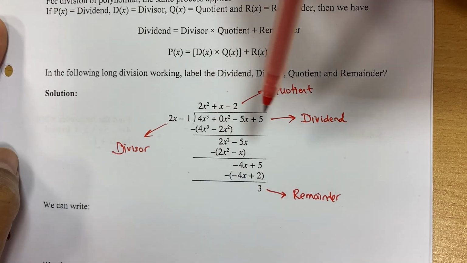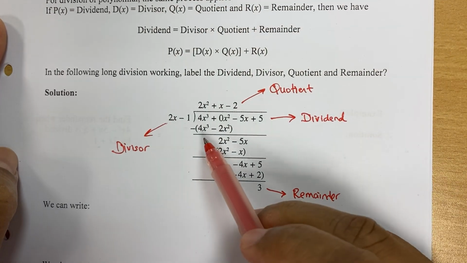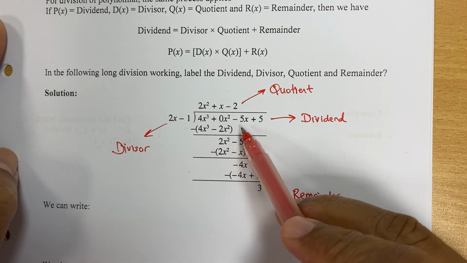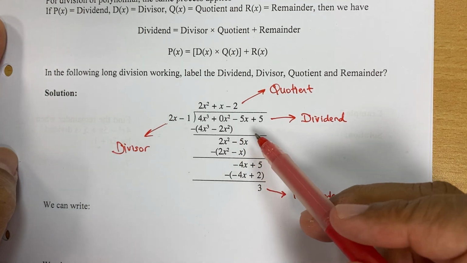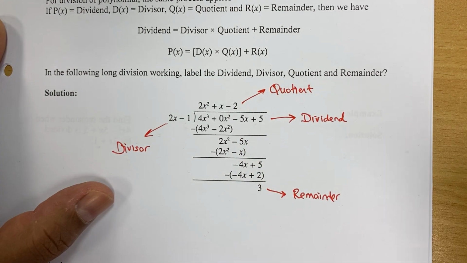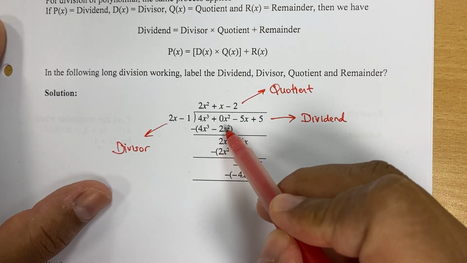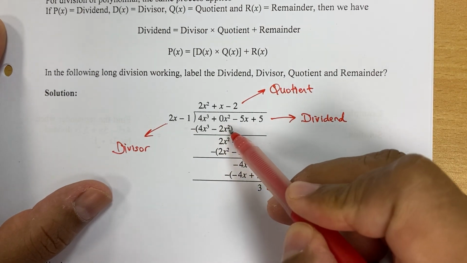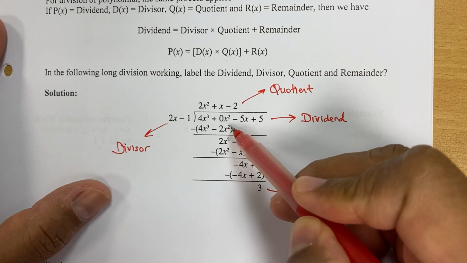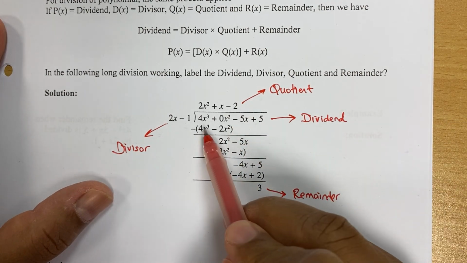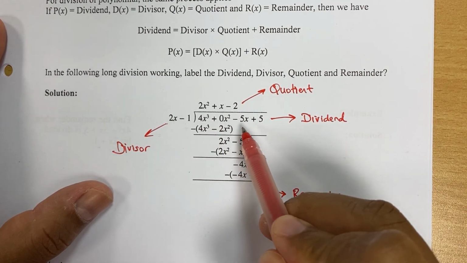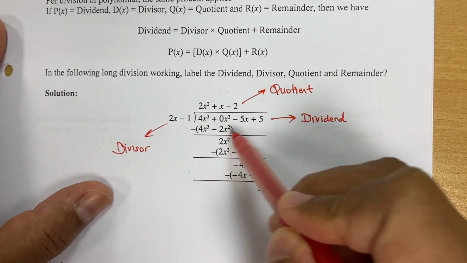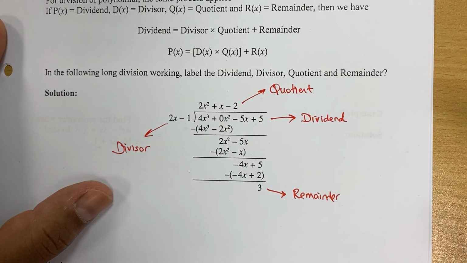The dividend only consists of 3 terms: 4x cubed minus 5x plus 5. But to do long division, I need to create 0x squared, because I need every one of the powers to be inside the dividend.